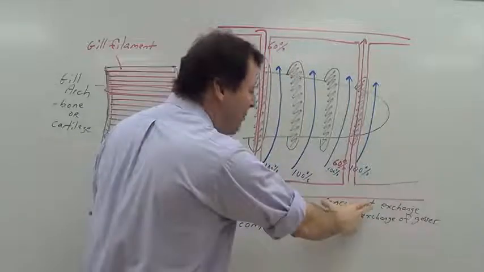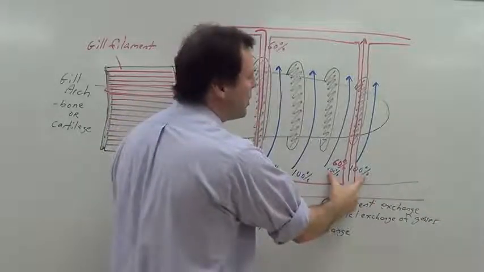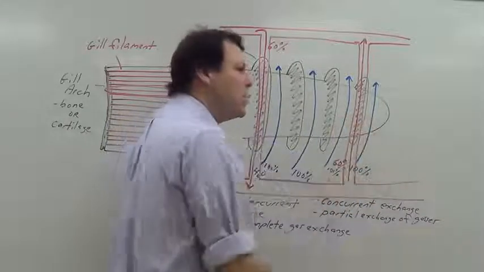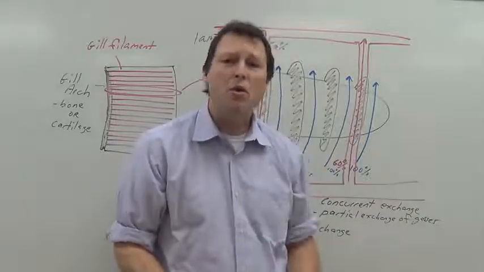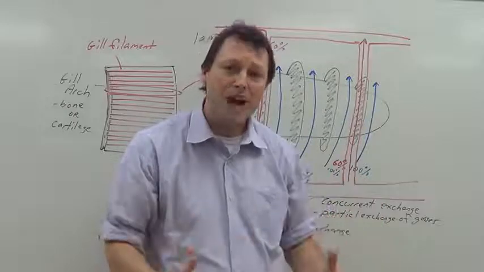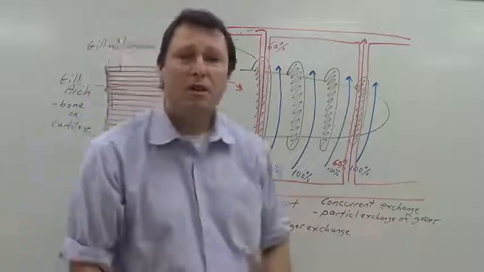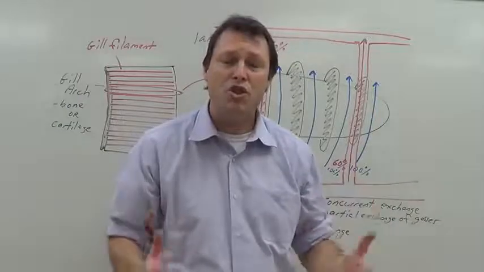And that doesn't happen with concurrent. We start out with a concentration gradient, but very quickly we come to equilibrium, and as soon as we come to equilibrium, gas exchange, at least in this case, stops. And that's it for the countercurrent exchange mechanism.